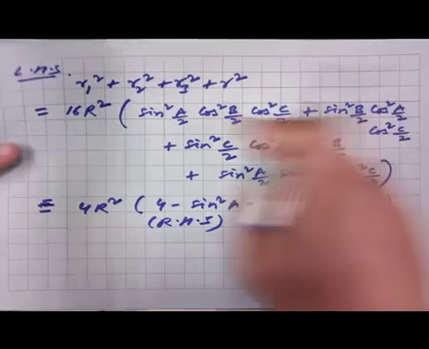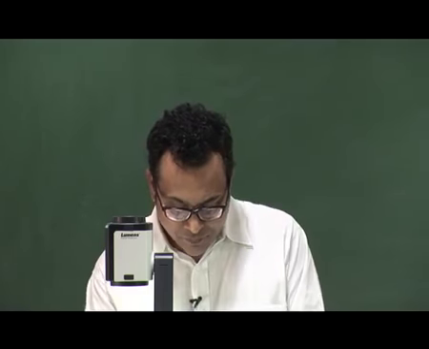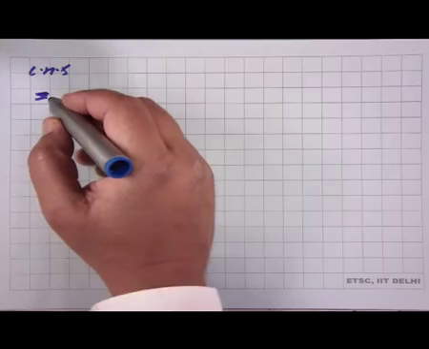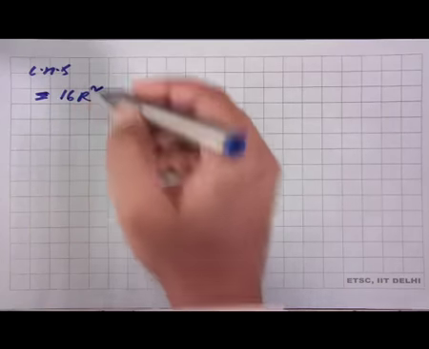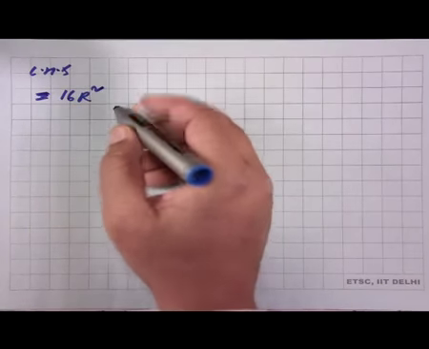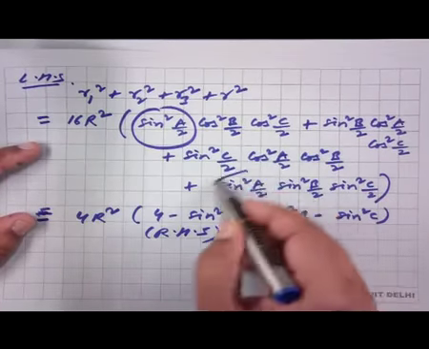So, going back to the left hand side expression, the LHS is equal to 16R square into, so we will take sine square. If you see, sine square A by 2 is here and it is also there in the last term.